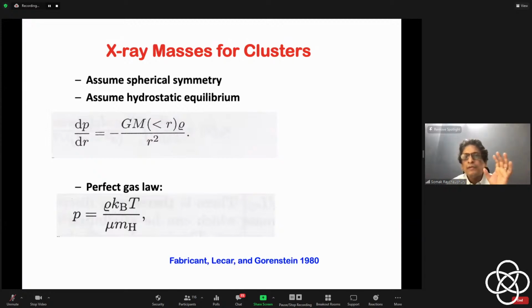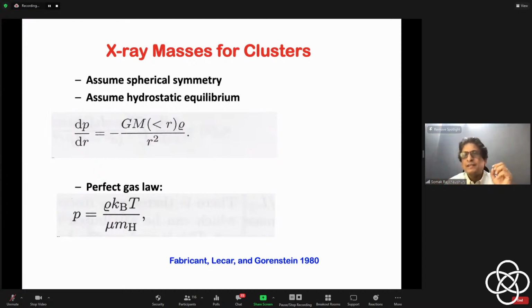So people do this calculation. From the 1980s, once this was found, people did this basic calculation, and you can find this in most textbooks now. You assume hydrostatic equilibrium, just like you do the hydrostatic equilibrium calculation for stars.